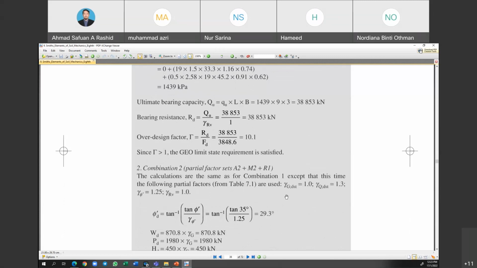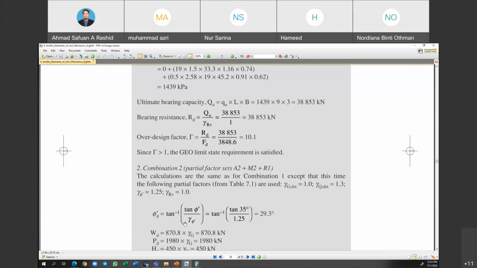So then we move to combination number 2. I guess it is the same procedure. This is the difference: if you use your calculator, 35 over 1.25, let me calculate, we get 28.